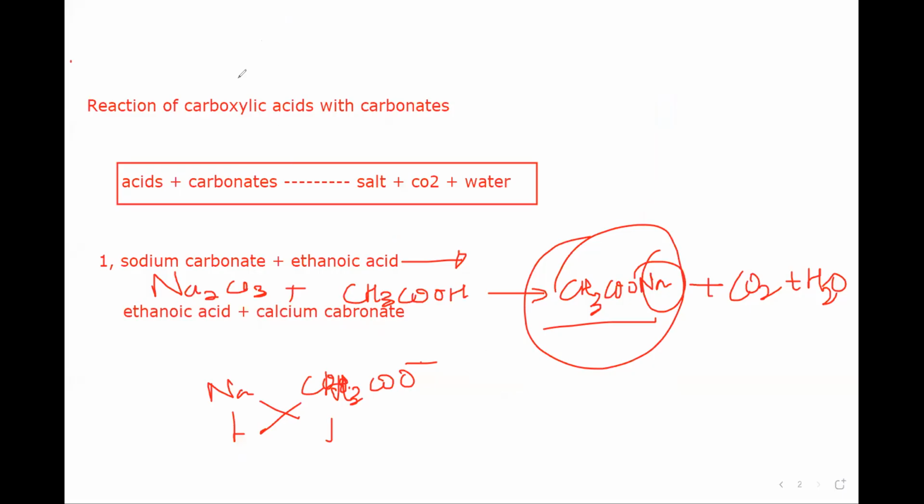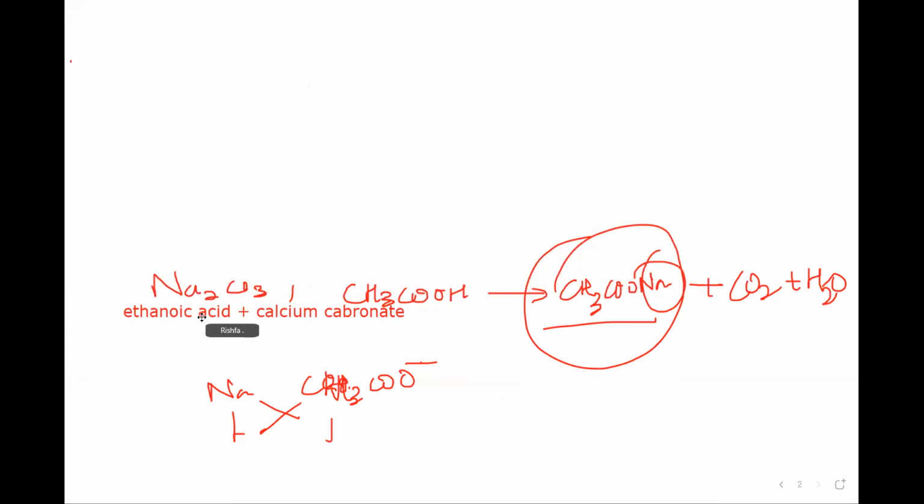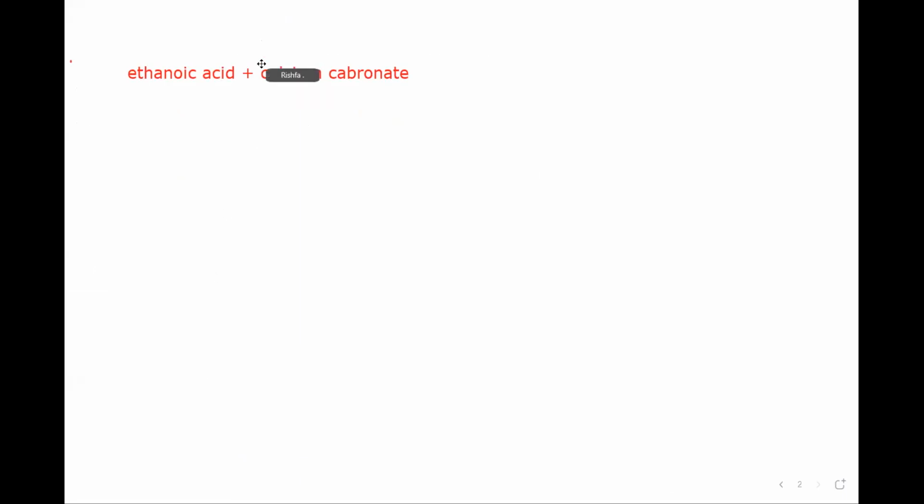Now can you do it for the other example? Calcium carbonate and ethanoic acid. And you can write the physical state. Sodium carbonate, solid, aqueous, again aqueous, liquid and gas.